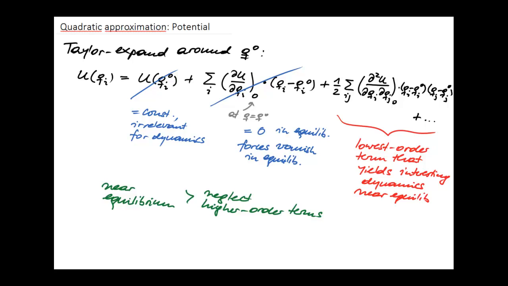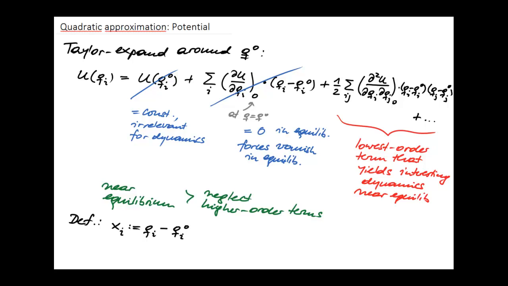The form of this second order term in the Taylor expansion suggests that we introduce new coordinates, namely the deviation of the configuration from the equilibrium configuration. I denote that by little xi, but I should warn you that these are not Cartesian.